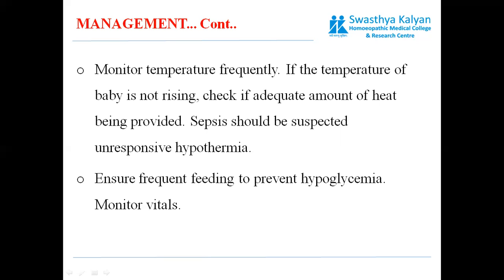And when we are monitoring the temperature and we see that temperature is not rising, then we have to check if adequate amount of heat is provided to the baby. Then we can also suspect there is sepsis if the baby is not responding to hypothermia despite providing all the management strategies. This is how to manage cold stress or moderate hypothermia.